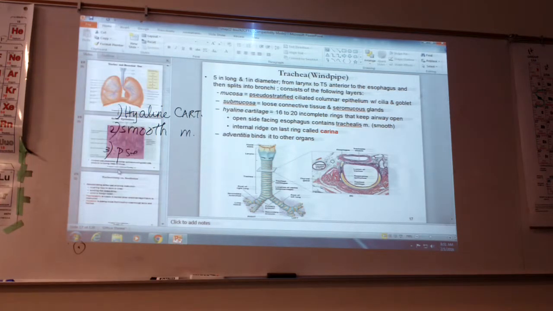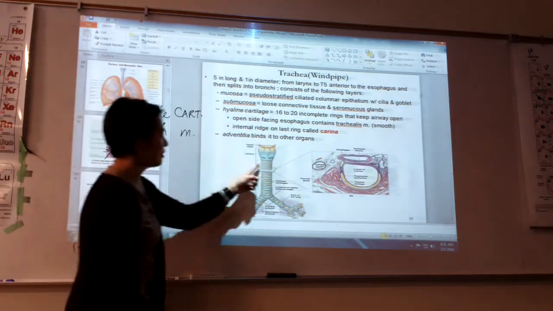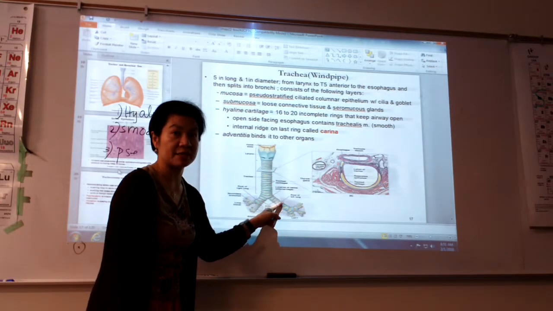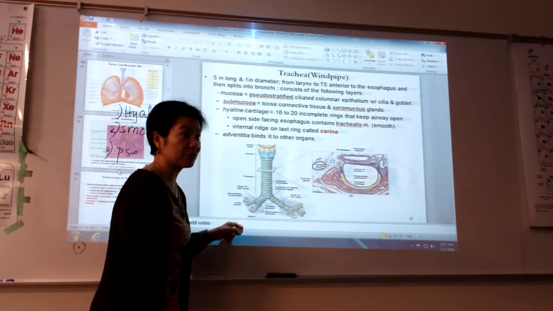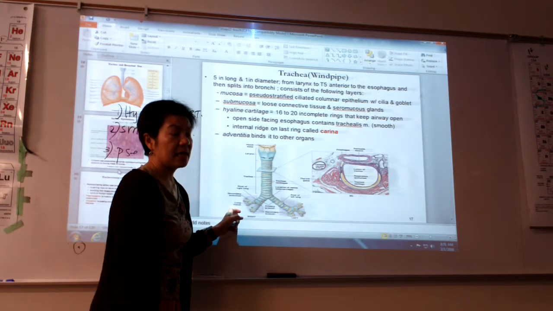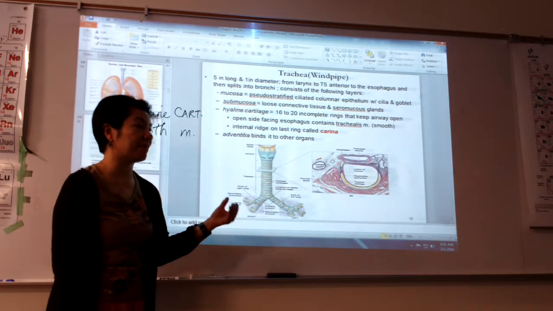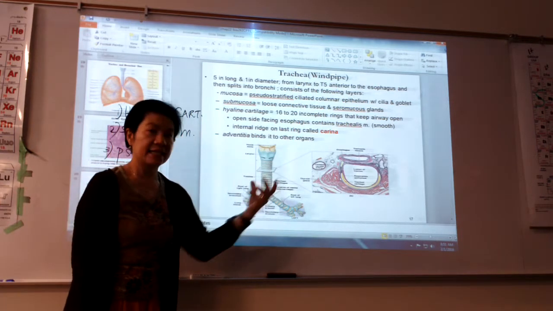Before we move on, after the trachea, it branches to right and left bronchus, and we know that after this one, it's going to go down directly to your lungs. Most respiratory infections generally affect the right more than the left.